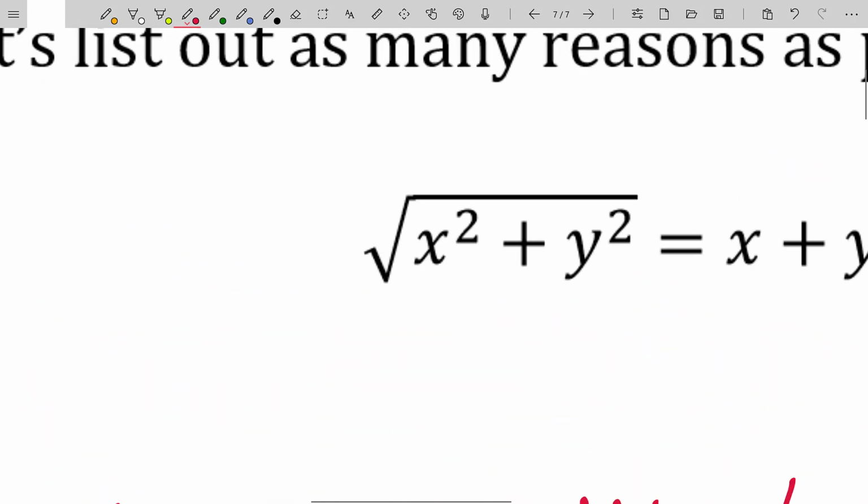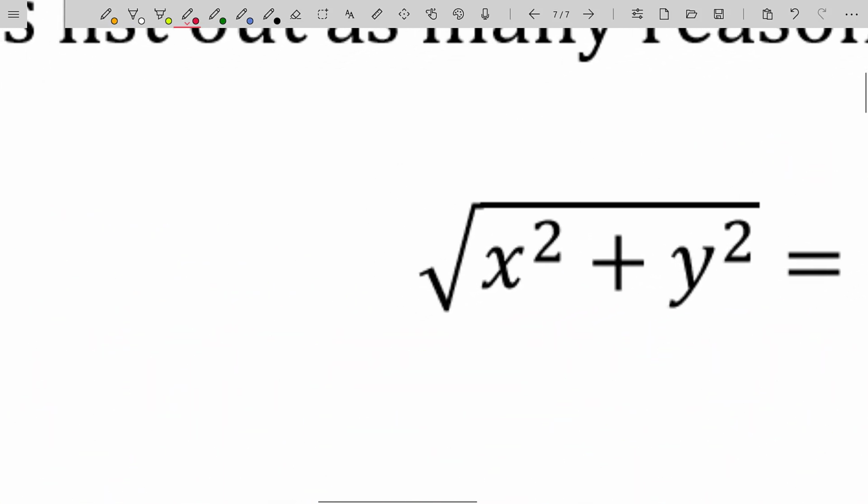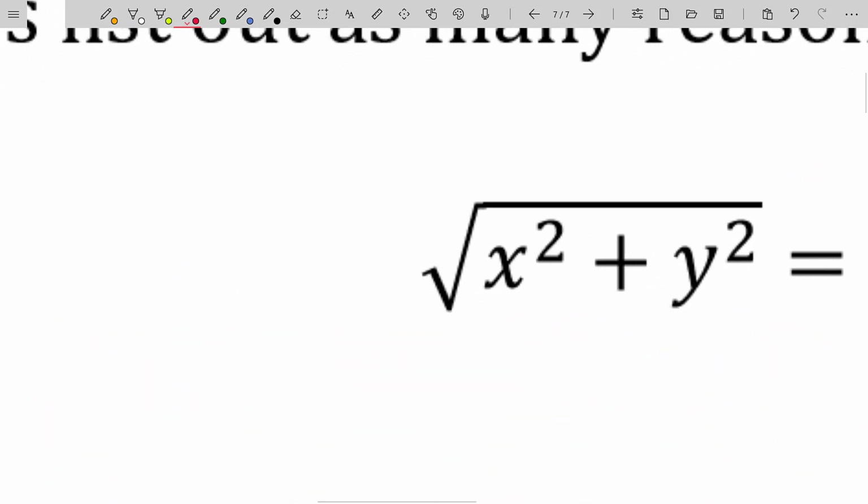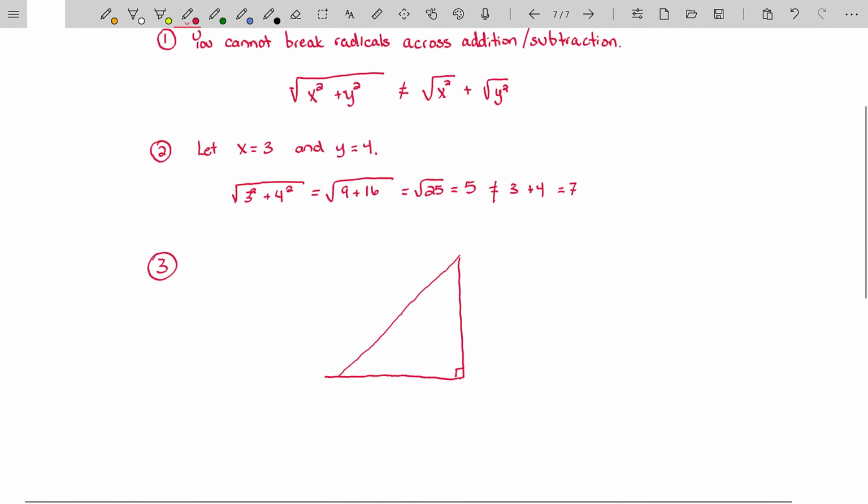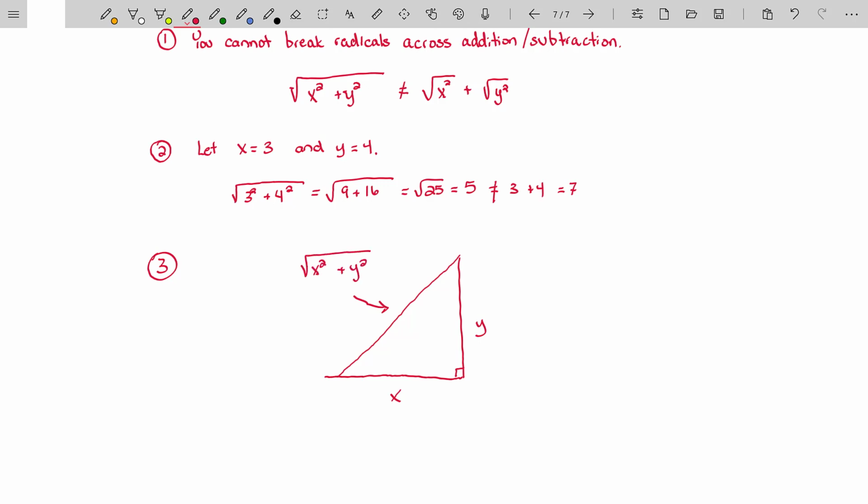However, I do recognize this statement, square root of x squared plus y squared, as the result of the sum of the squares of the sides of a right triangle. So if I gave you a right triangle and I said, hey, this side length is x and this side length is y, we know by the Pythagorean theorem that this hypotenuse has to be of length square root of x squared plus y squared.